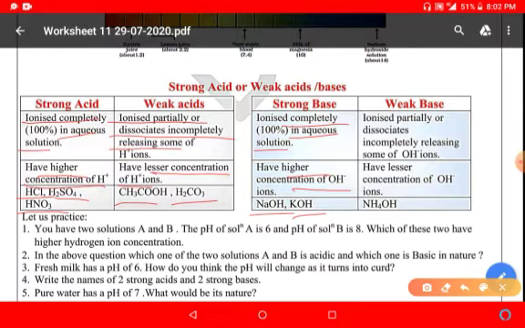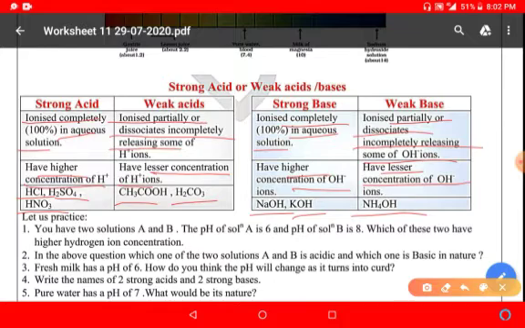A weak base is ionized partially, releasing some of the hydroxide ions. That means a lesser concentration of hydroxide as compared to a strong base, like ammonium hydroxide.